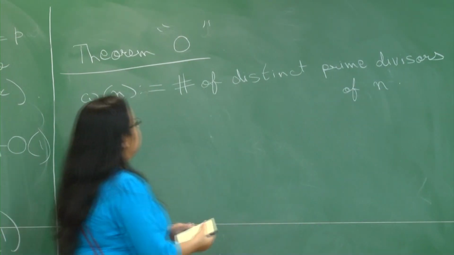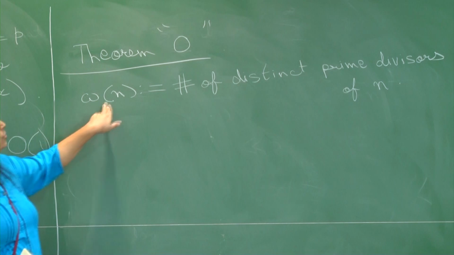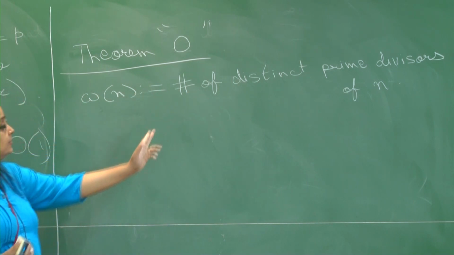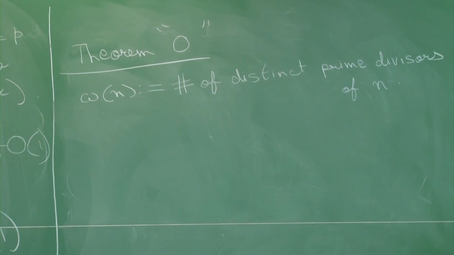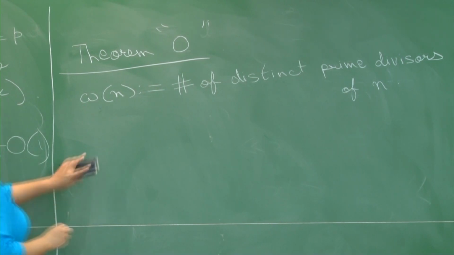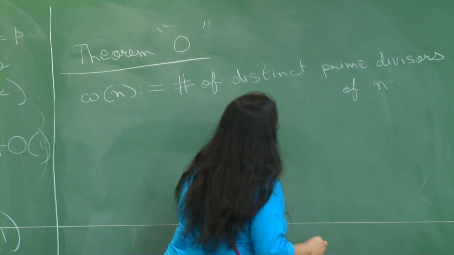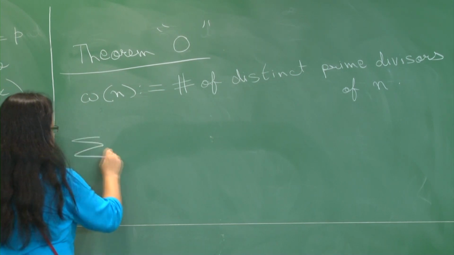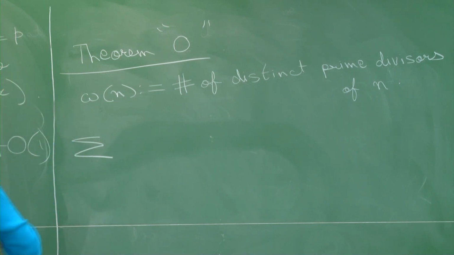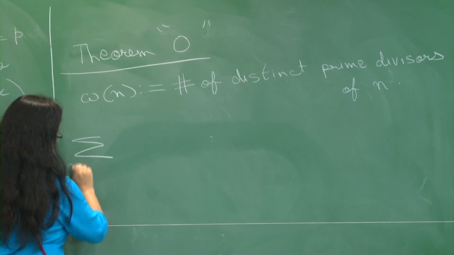You can also consider a related function where you are going to study the number of prime divisors along with their multiplicities, but for now we just focus on the number of distinct prime divisors of n. So, now the question is, how does this function behave on average? Okay. So, let us derive that quickly. We have set all the tools already for this.